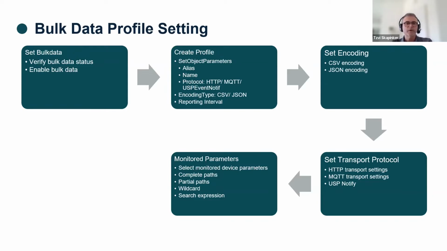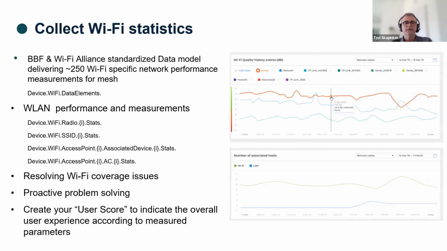So if we are interested in Wi-Fi, and that was the main goal here, to monitor this, actually we can collect over 250 network performance measurements. And this was achieved due to the collaboration between the Broadband Forum and the Wi-Fi Alliance.